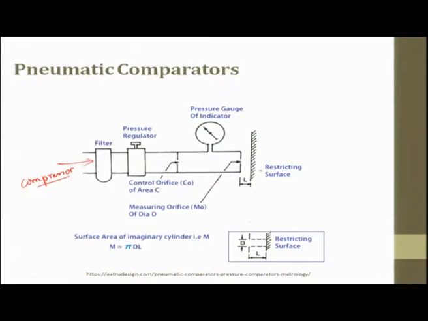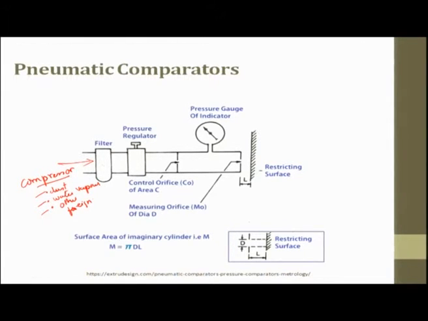When you compress free air, there is a possibility that you might have dust, some amount of water vapor, and other foreign particles. So, from the compressor, the air first gets into a filter, which filters all these things to a large extent.